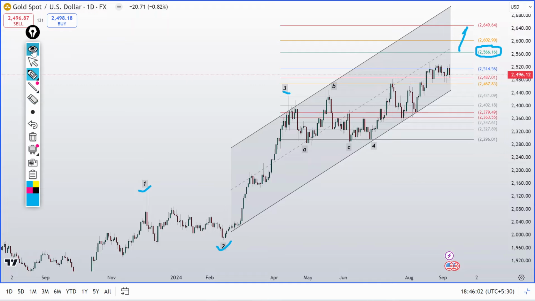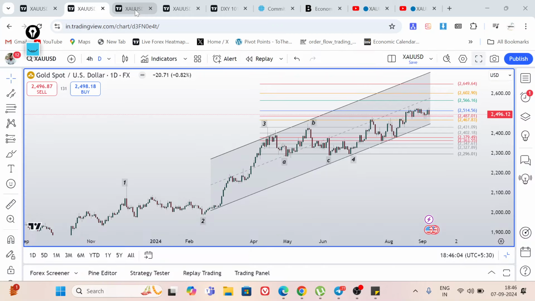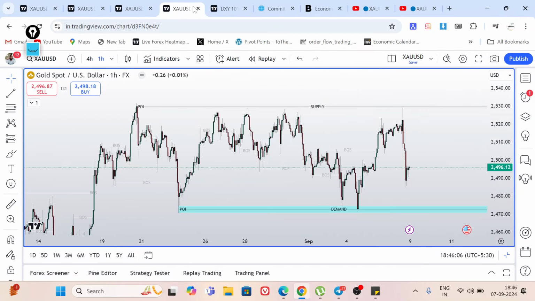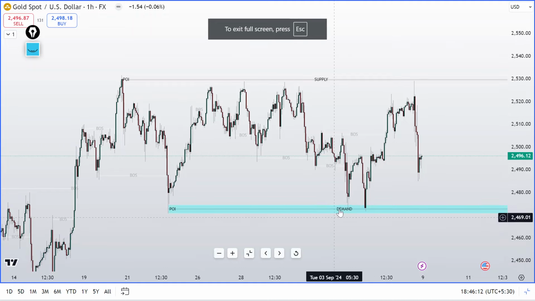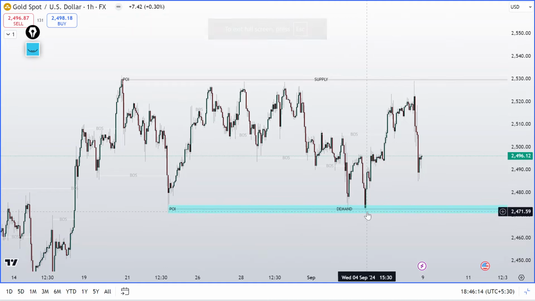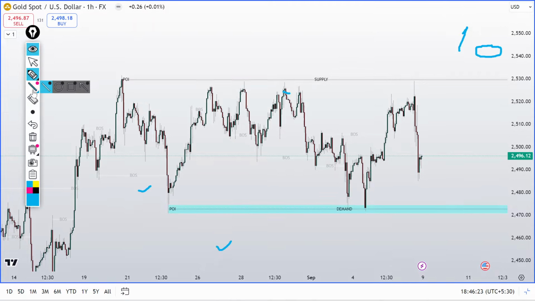Let me switch over to a lower time frame, the 1 hour time frame. On the 1 hour time frame you can see the lower area from where we have seen support, around 2471, or roughly 2470 to 2471.75.